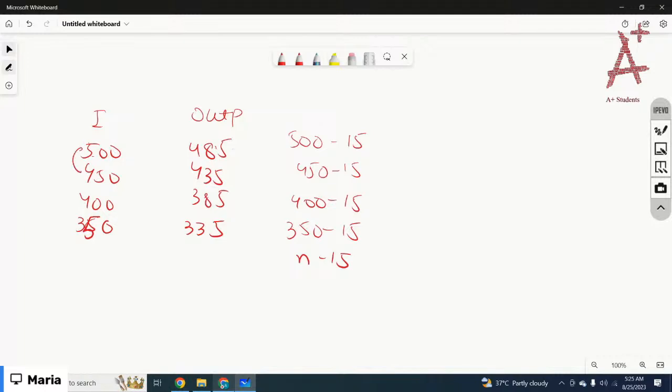Input values are decreasing by 50. Output values are also decreasing by 50. Yes, they are decreasing by 50, right?